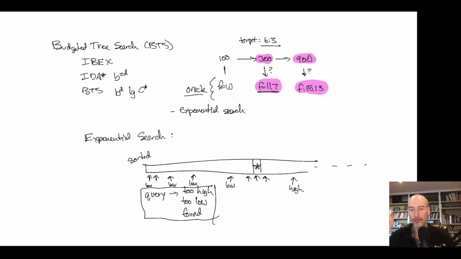In particular, if I were to run an IDA star iteration with a very high F cost, I could end up doing a very large number of node expansions, and that would be just far too expensive. I would pay the cost of doing that search, and so we'd like to limit that. And so that's where we get to the budgeted portion of this.